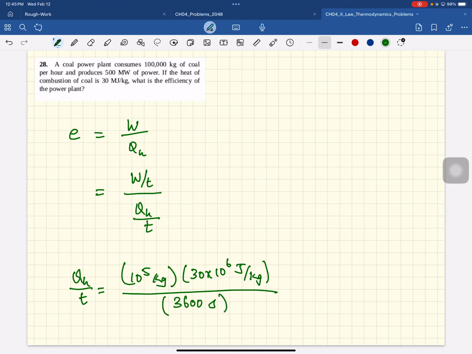So that's the rate at which you're producing heat. Let's see, this is 3 times 10 to the 12 divided by 3.6 times 10 to the 3, about 10 to the 9 joules per second.